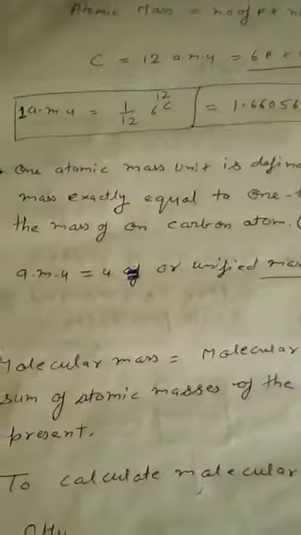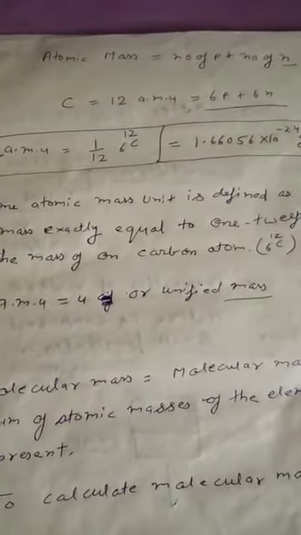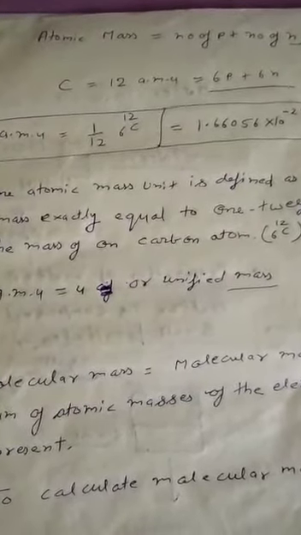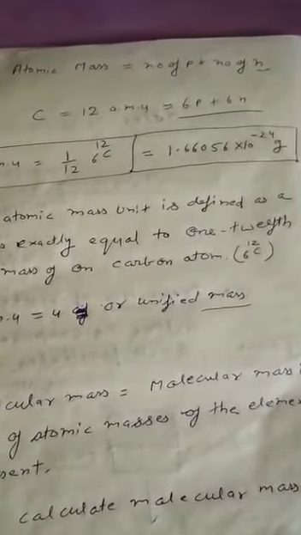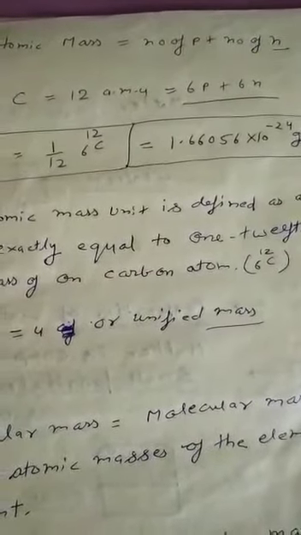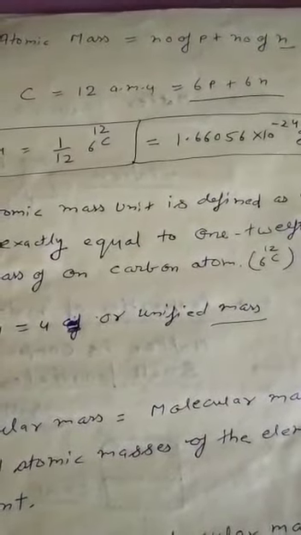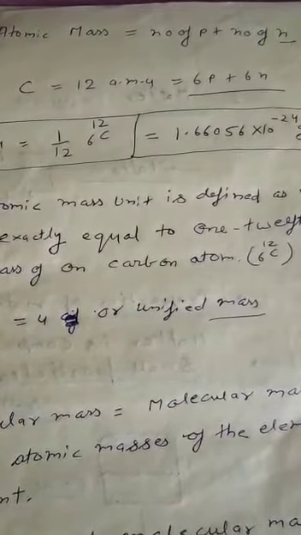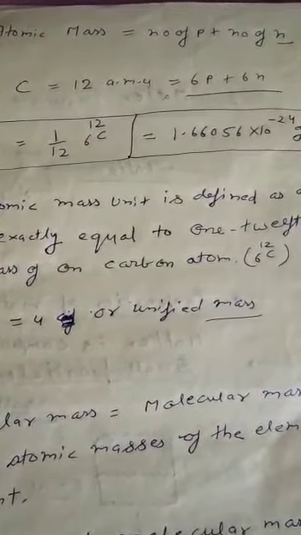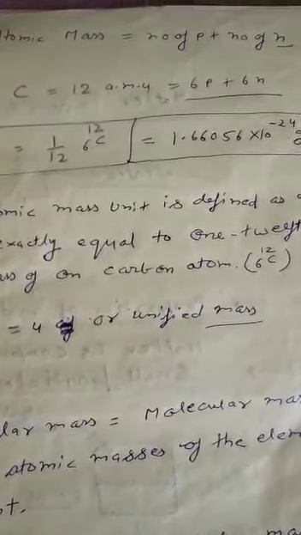Now next point, how can we define atomic mass? The mass of a particular atom mainly depends on the number of protons and number of neutrons. It means the mass of a particular atom is equal to the mass of protons present in that atom and the mass of the neutrons present in that atom.